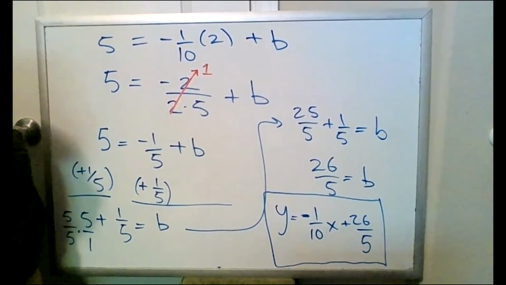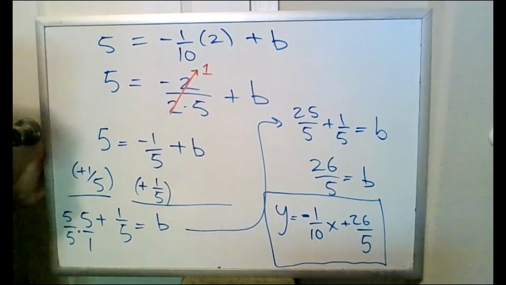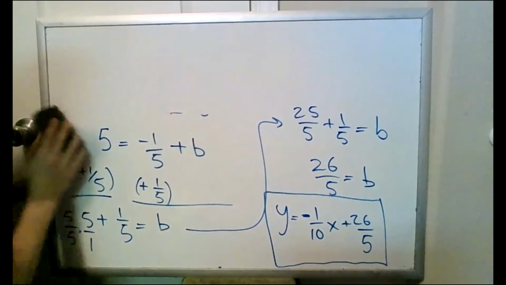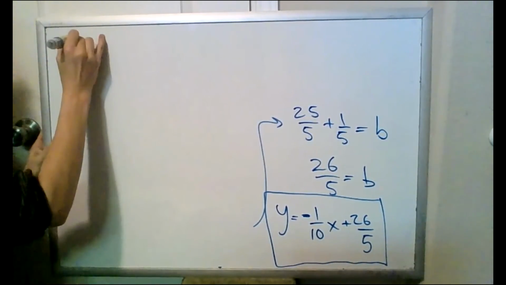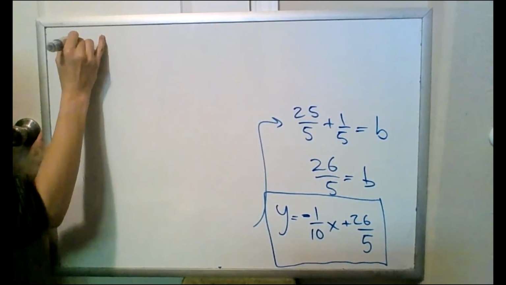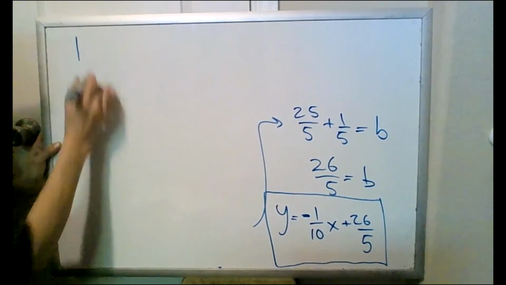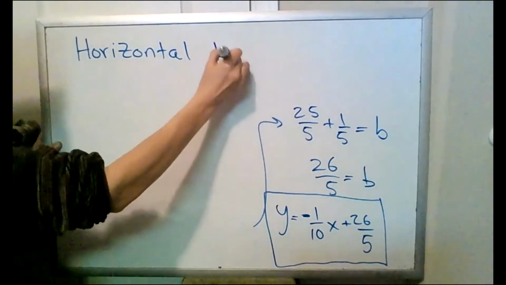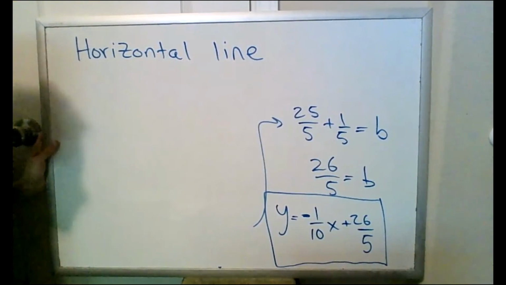Okay, I want to go over horizontal lines and vertical lines and how to quickly find an equation of either one. If it's asking for a horizontal line, it looks like y equals some number.